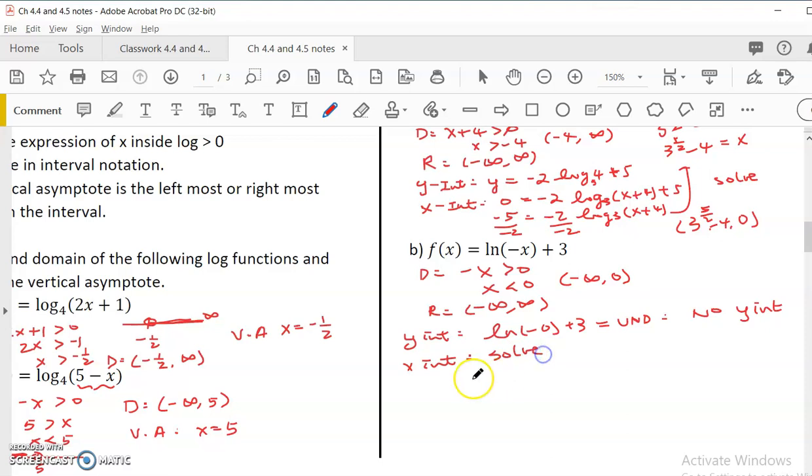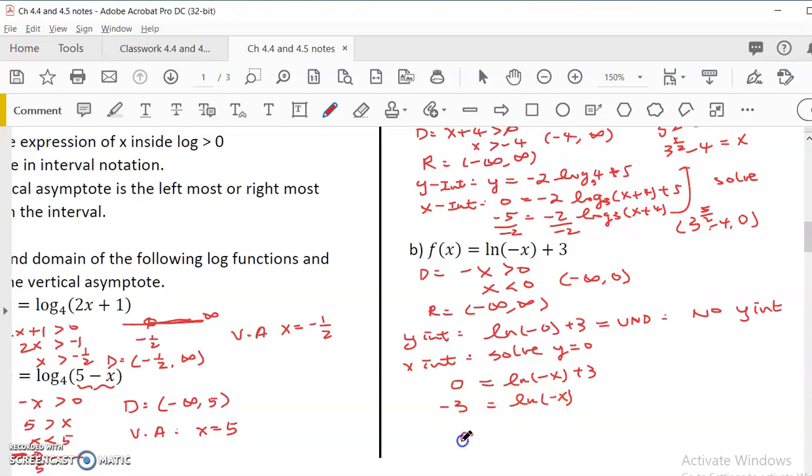X-intercept is to solve the equation, right? Solve y equal to 0, solve for x when y equals 0. So ln of negative x, plus 3. That means -3 equals ln of negative x. So this is a log notation.